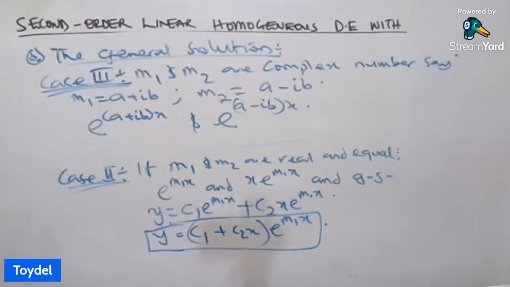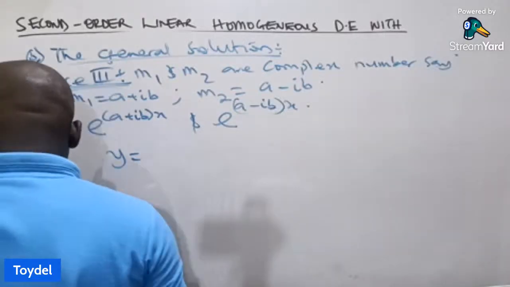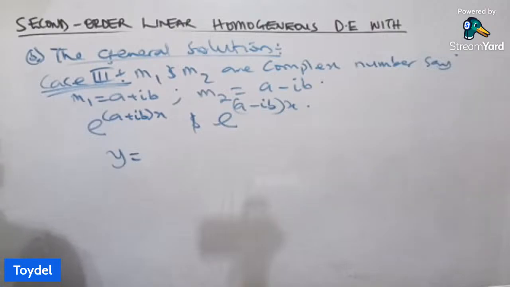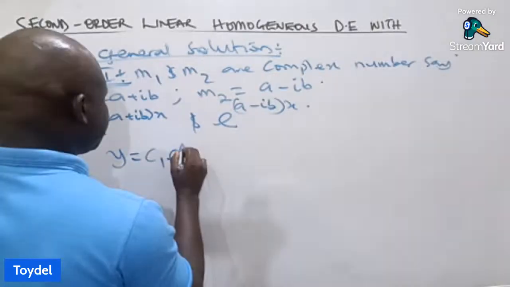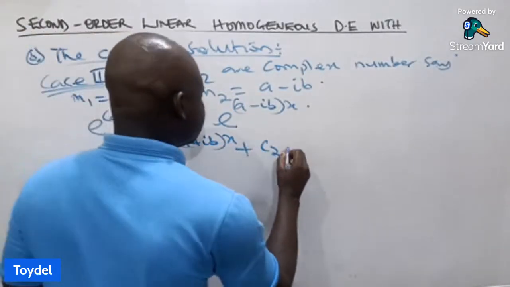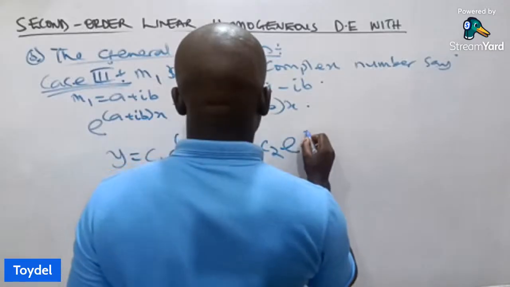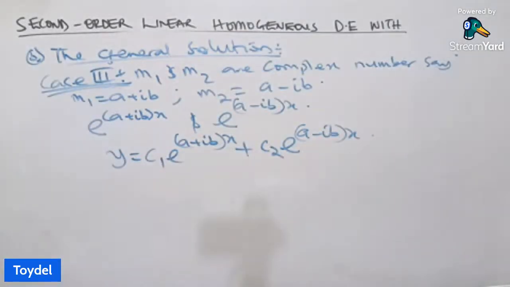And of course, the general solution will be y is equal to C1 exponential (a plus ib)x plus C2 exponential (a minus ib)x, where C1 and C2 are just constants. This will be the general solution that we are going to have.